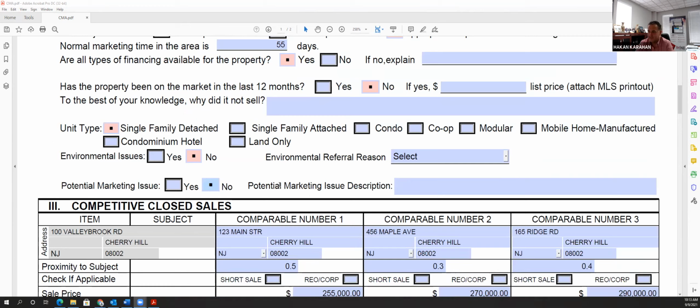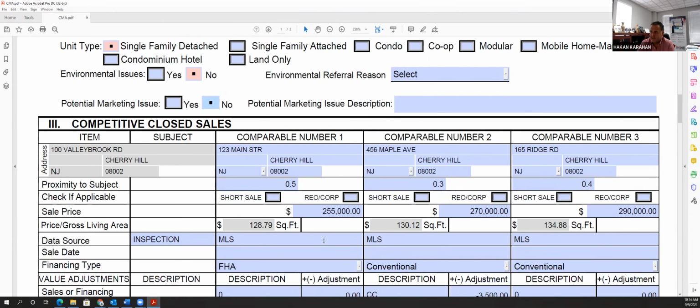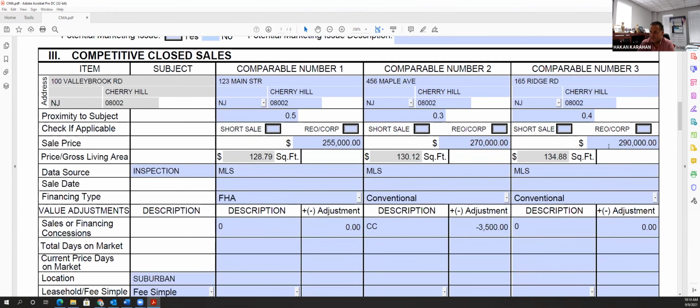Again, these are all made up: 123 Main Street, 456 Maple Avenue, 165 Ridge. When you're doing CMAs, you can narrow it down by how far it is from the property if it is not in a certain development. So here are the sale prices: 255, 270, and 290 for our comps.